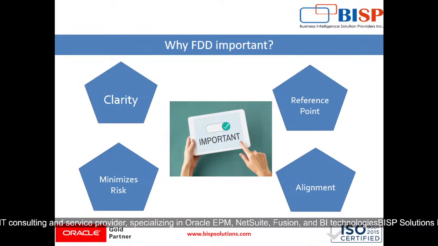Then alignment, which ensures alignment between business users, functional consultants and technical teams. Then it minimizes risk, reducing misunderstandings and scope creep during development of the project. Then comes our reference point, which acts as a blueprint for configuration, customization and testing activities.